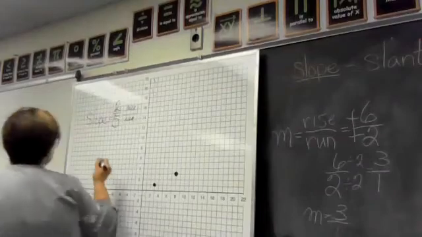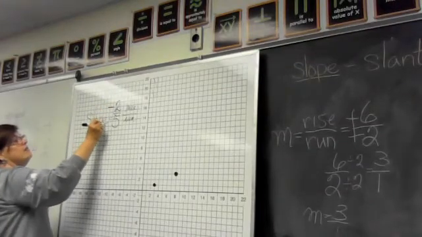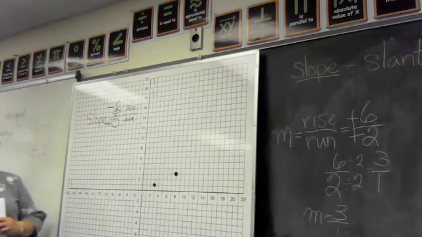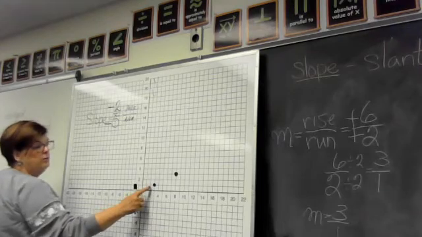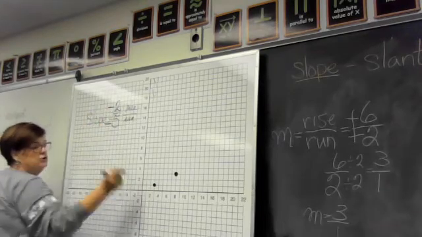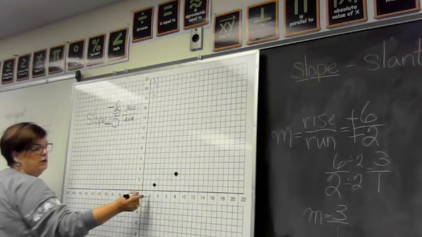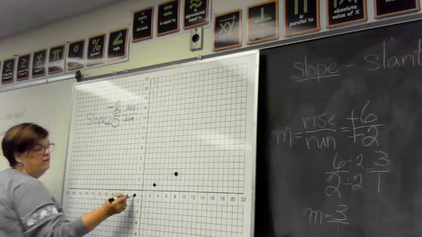Do we agree that this and this makes a positive? Yes. So how about if we go down 2 and to the left 5? Okay, so here's the point they gave us. And so now we're going to go down 2, 1, 2, and to the left 5, 1, 2, 3, 4, 5.